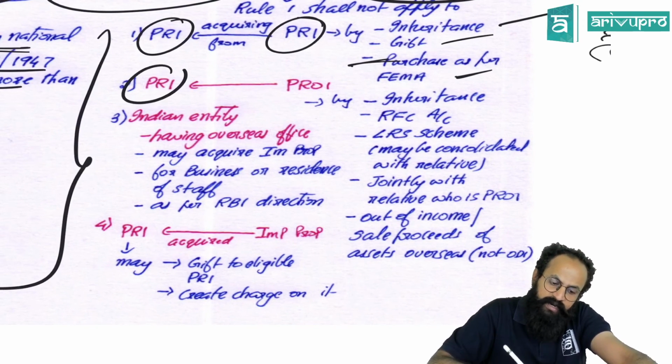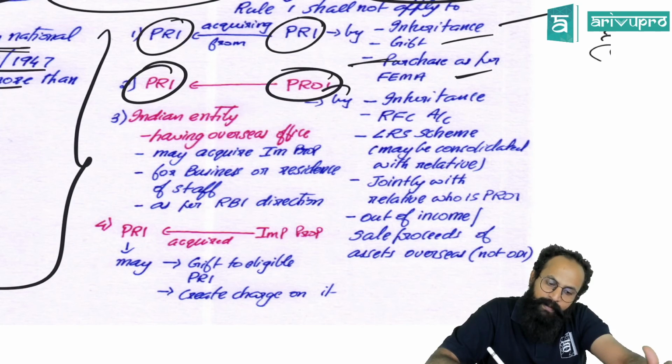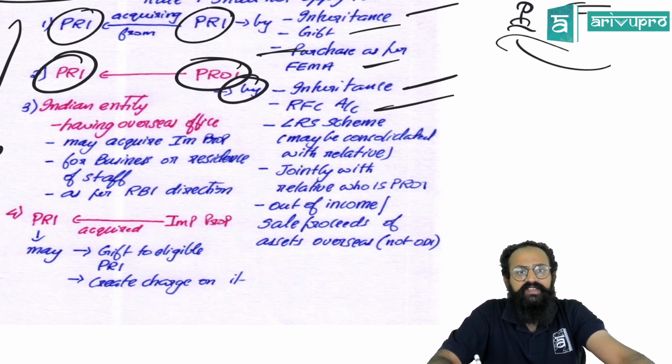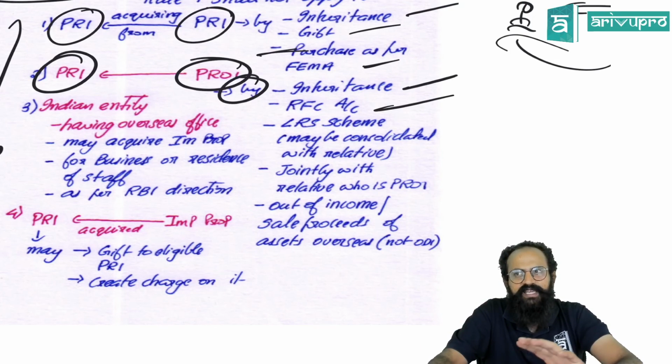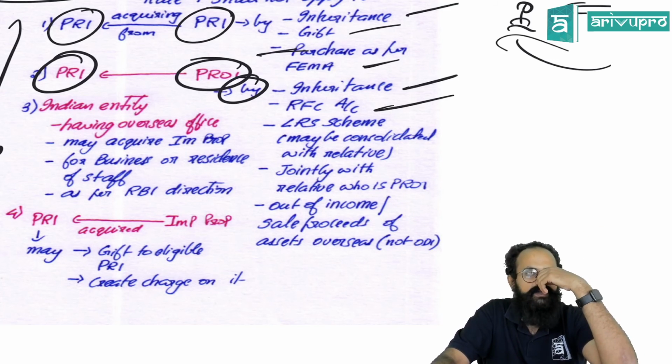Next one, sir, you're getting the property from a PROI. An Indian is getting from a foreigner, a PROI. Now, sir, how? By inheritance, allowed. Resident foreign currency account, in the class itself I've told you what is resident foreign currency account. When you're packing your bags from outside India, imagine you were working in the US for 5 years. Now you are permanently shifting to India.